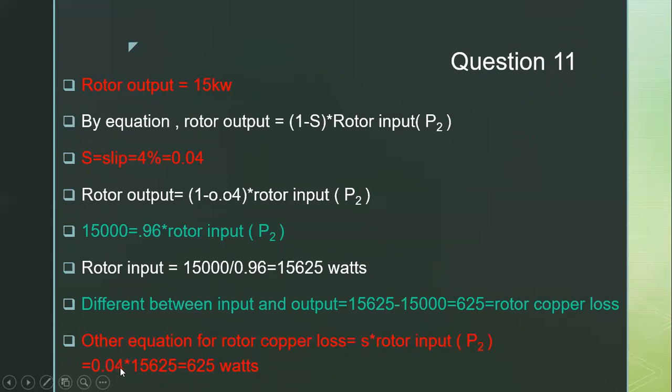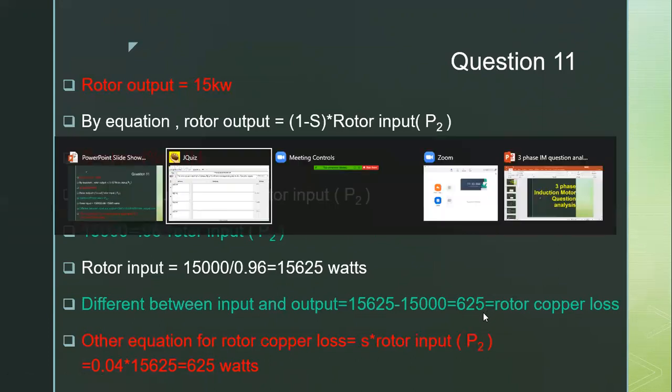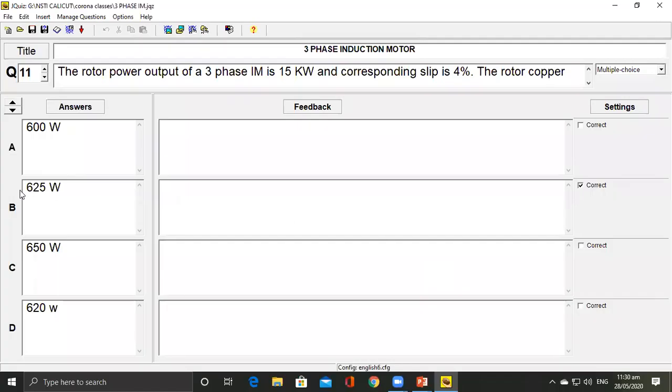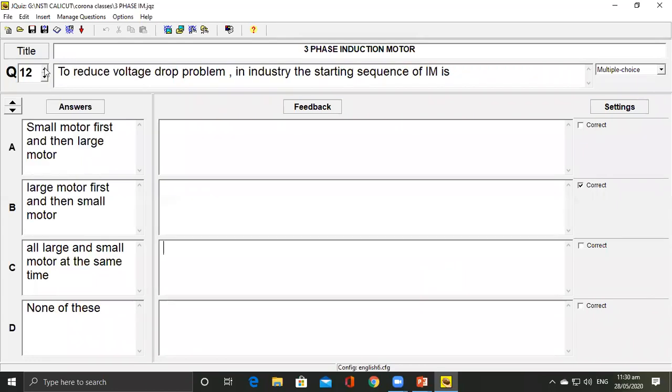So 0.04 into 15,625, you will get 625 watts. There are two methods you can use, and here you can easily understand the copper loss. So our answer is 625 watts, that is option B. Then we can go to the next question.